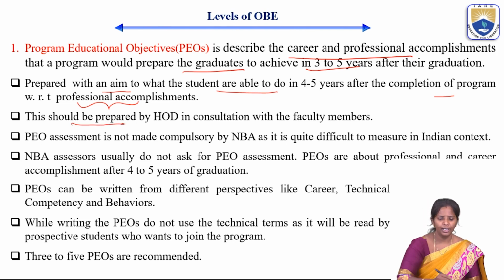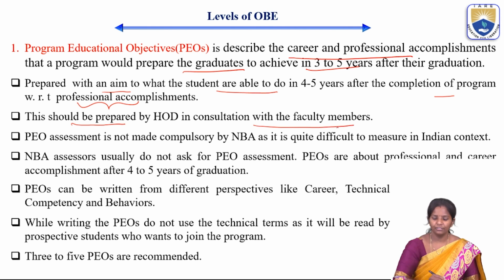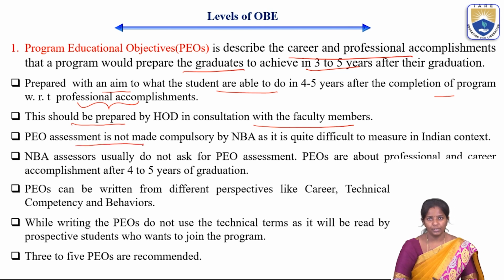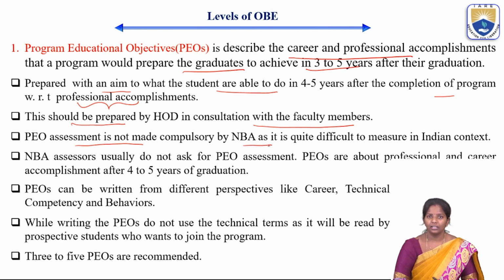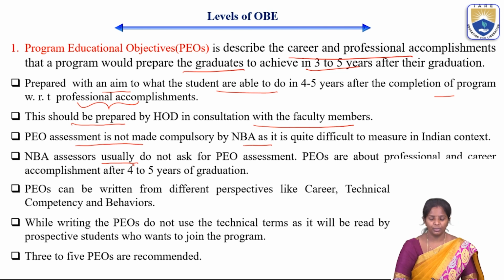So this should be prepared by the HOD or the head of the department in consultation with the faculty members of that particular department. So PEO assessment is not compulsory or mandatory by the NBA, as it is quite difficult in the Indian context. So assessors usually do not ask for the PEO assessment, but however, they are about preparing for the professional achievements of any graduate.